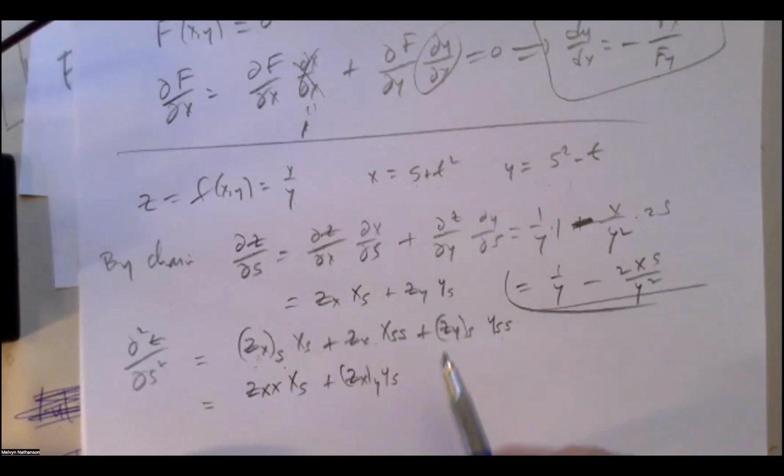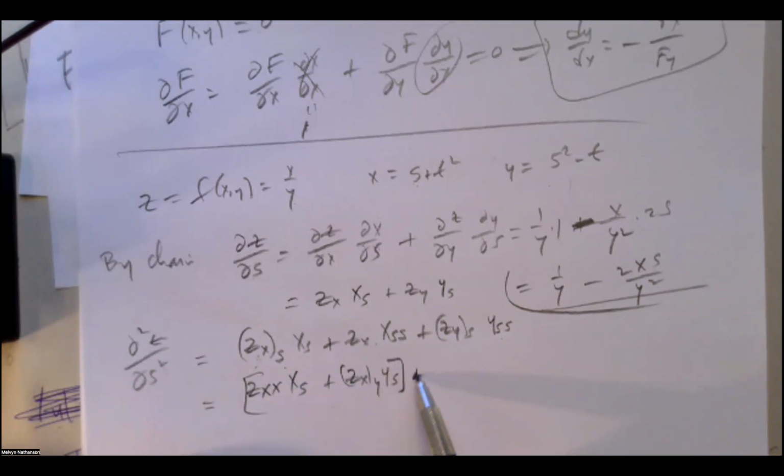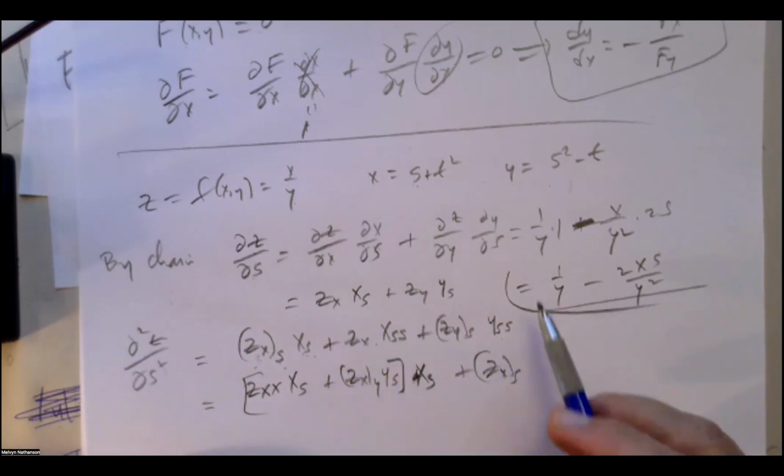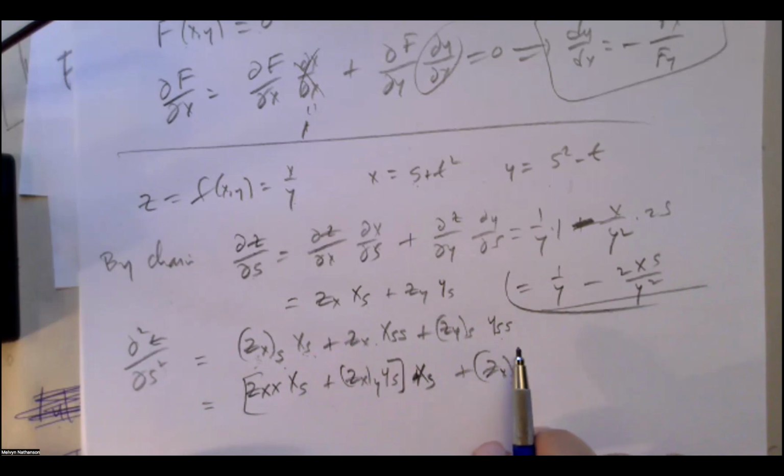I differentiate this, plus, so that's all this times x sub s, plus z sub x with respect to s, and then x differentiated with respect to s.